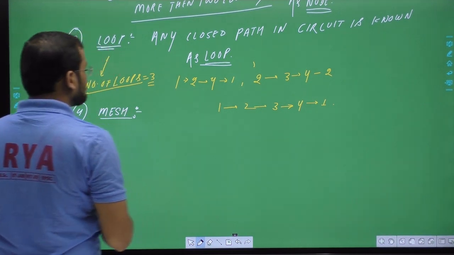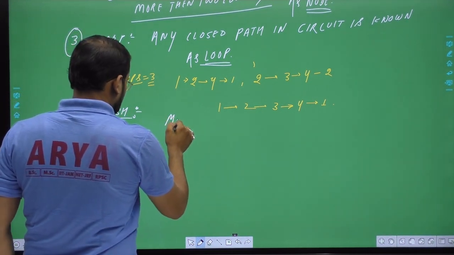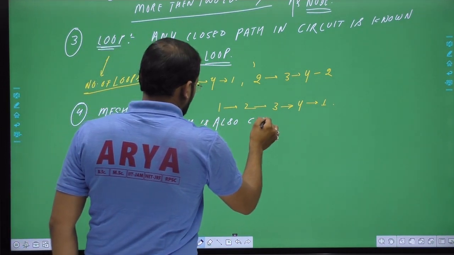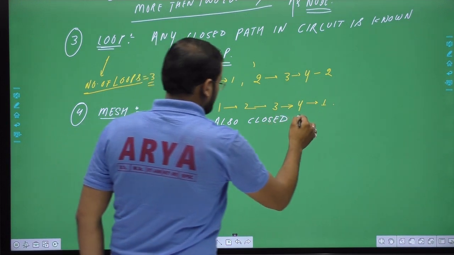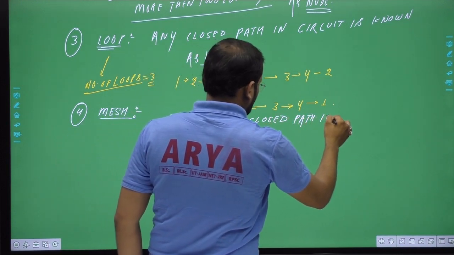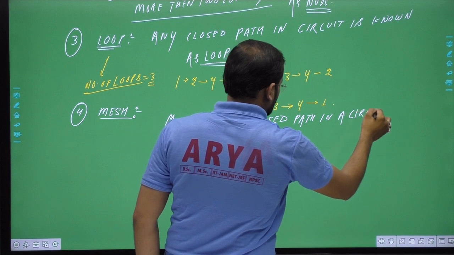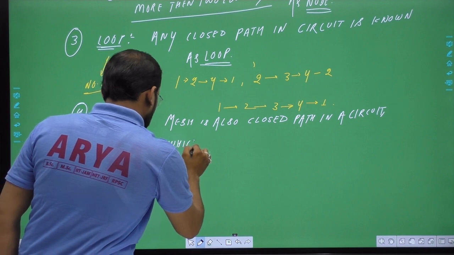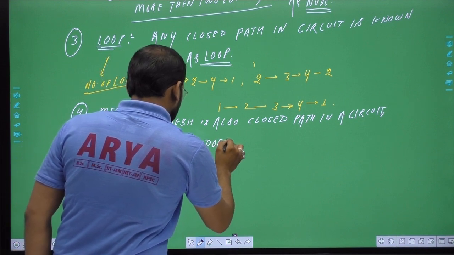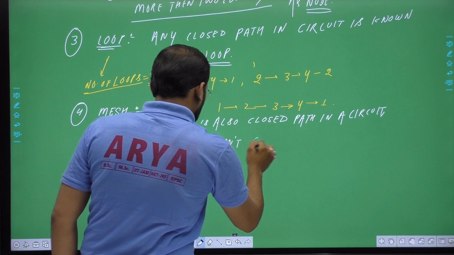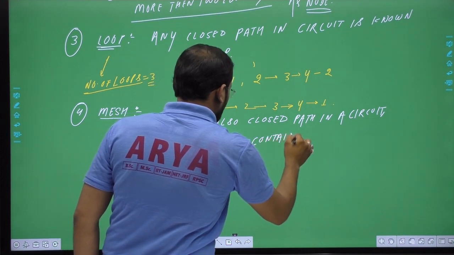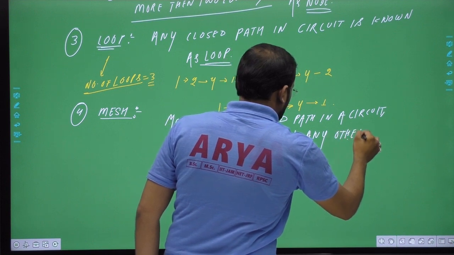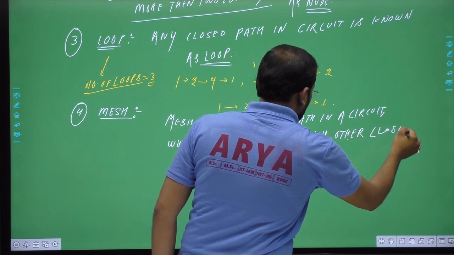Mesh is also a closed path in a circuit which does not contain any other closed loop.